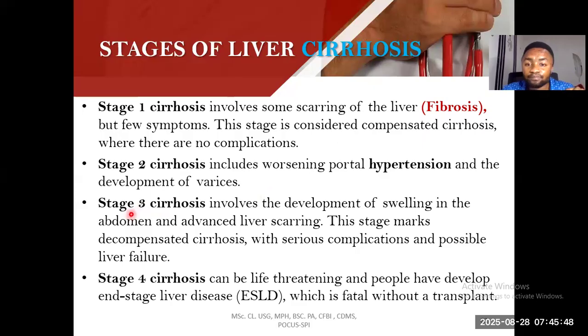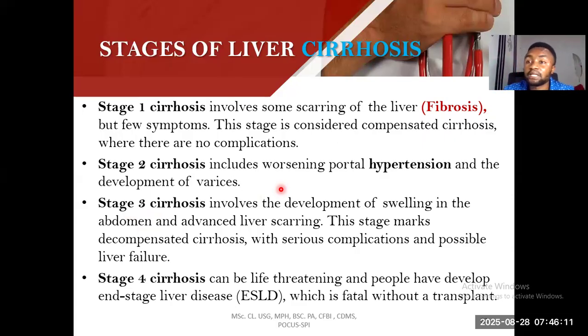With stage 2, what you're going to see is worsening portal hypertension and development of varices. I gave you the portal vein diameter, 13 to 15, it should be less than 15 mm. But with portal hypertension, it dilates. You get it like 18, 19, 20 when you measure the portal vein.